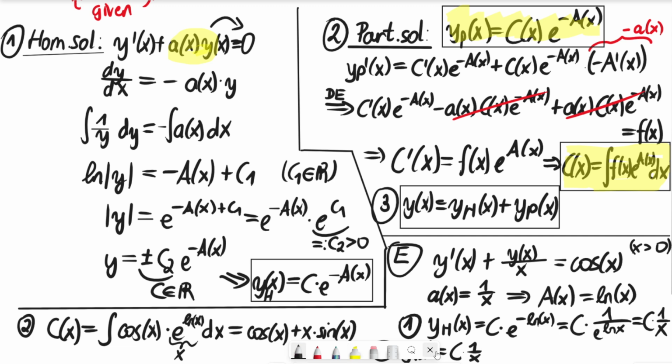So it is the constant we have already computed right now, cosine x plus x times sine x, times the e power minus A of x function, which in our case is 1 over x. So we have already computed it. It's the same as from the homogeneous solution.